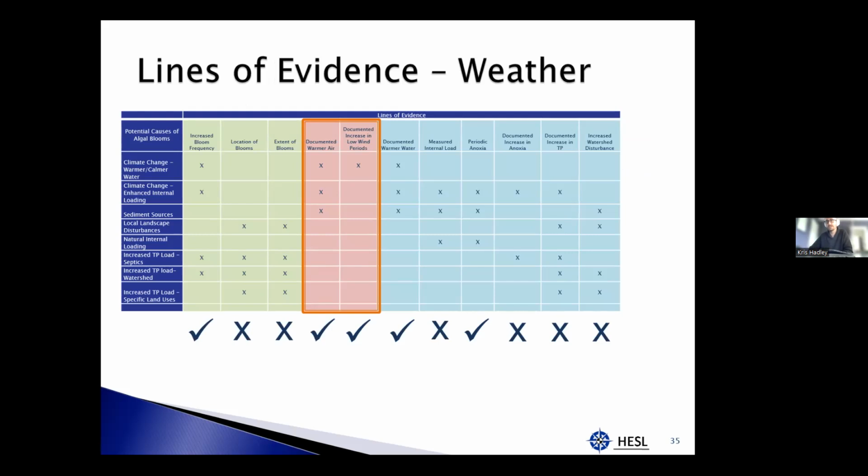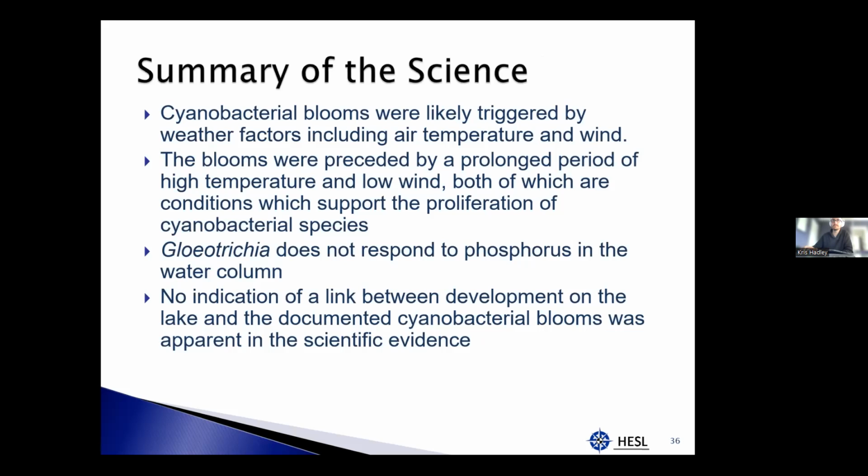I would have liked to have better data for 2020 and 2021 to strengthen that argument, but the 2010 data, the initial documented bloom that occurred on the lake, was pretty strong. So based on those, I am comfortable saying that we've documented both warmer air and warmer water periods that have led up to blooms.